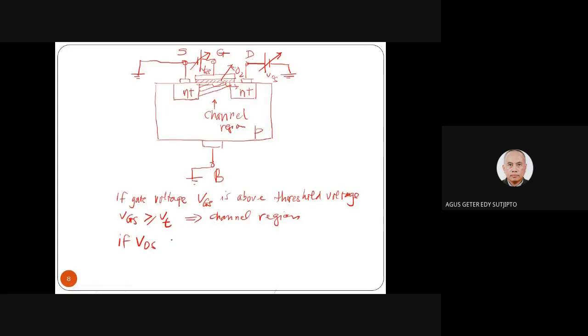If VDS is below the overdrive voltage, where the overdrive voltage is the VGS minus VT. So this is the overdrive voltage.